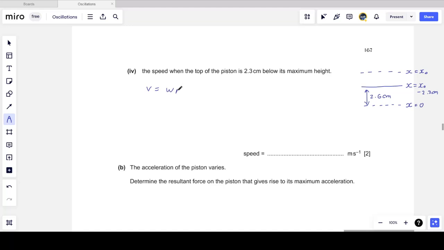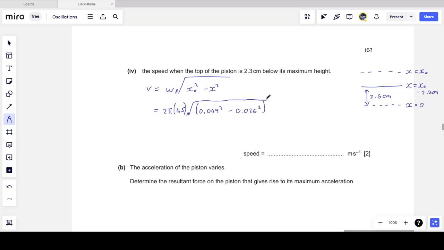Well, I have an equation for this. V is equal to omega times the square root of x naught squared minus x squared. And omega is 2 pi f. So that's 2 pi times the frequency 45 hertz multiplied by the square root of the amplitude squared, 0.049 squared minus 0.026 squared.